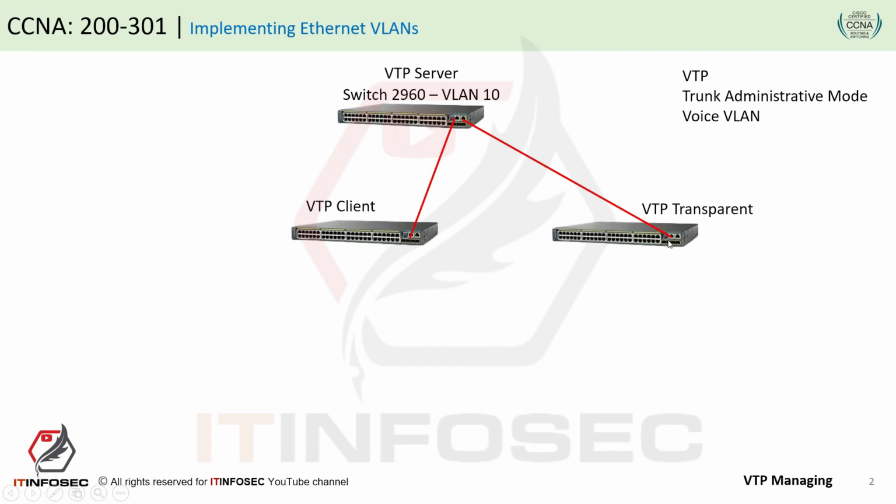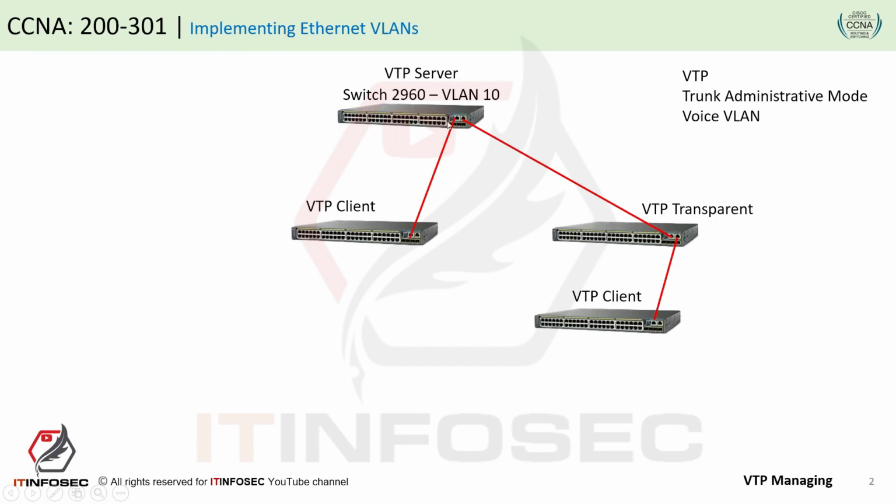But when we have VTP transparent, the switch does not share its VLAN database, but it forwards received VTP advertisements to the other switches. Maybe there is another VTP client under this switch, and we don't want to create VLAN 10 on this switch.